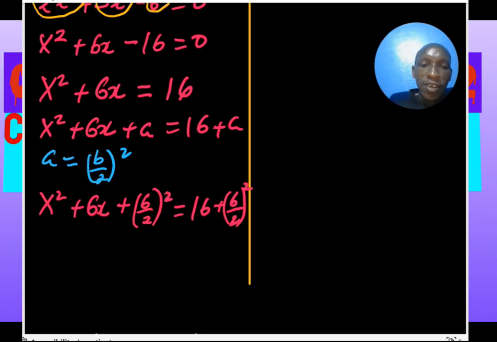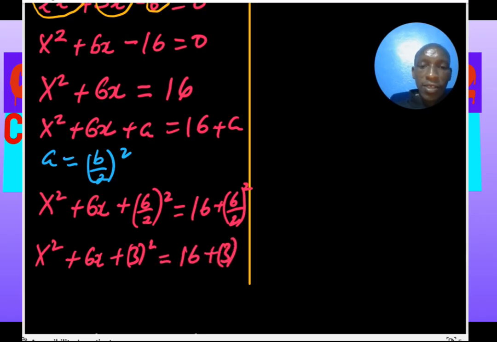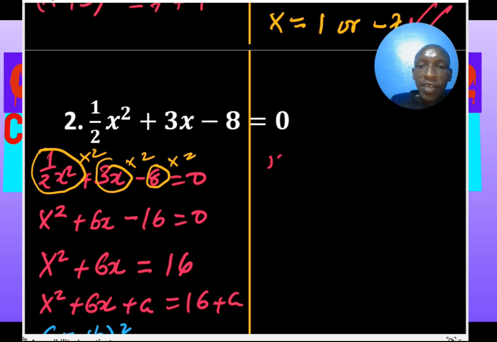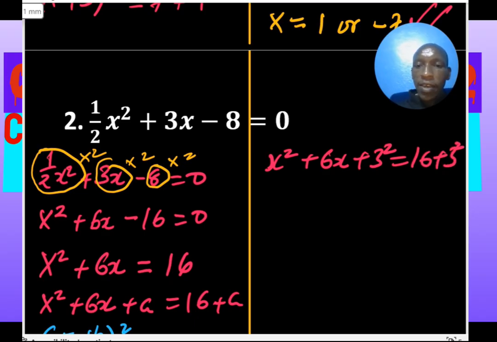So what will we have? We should have x squared plus 6x plus 3 squared is equal to 16 plus 3 squared. Now at this stage, pick the numbers with square and put them in one bracket, and then square them once.